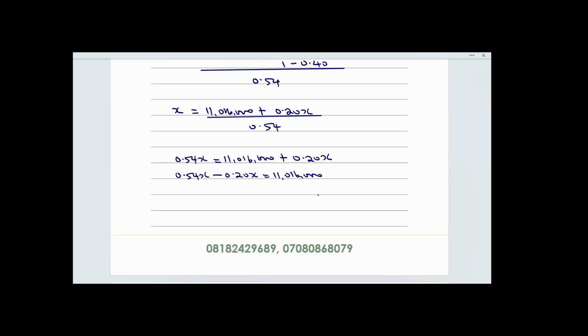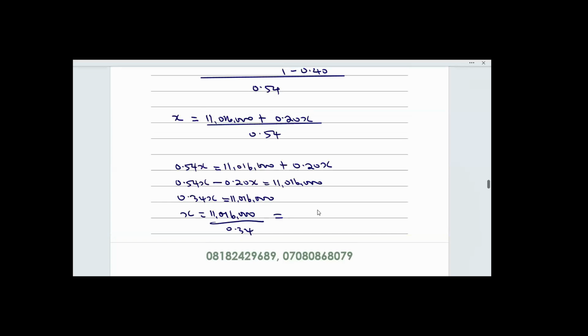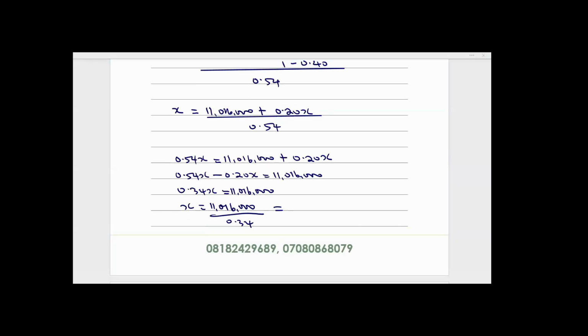Therefore, 0.34X is equal to 11,016,000. Then X is equal to 11,016,000 divided by 0.34.